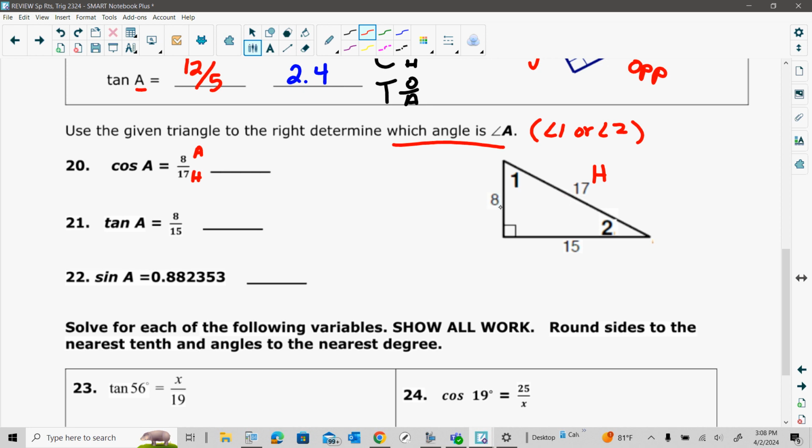So if I'm looking at adjacent, the angle that's adjacent to 8 here, that would have to be angle 1. And then here, if I'm doing tangent of A, and tangent is opposite over adjacent, well, who's opposite 8? That's angle 2. So a little hint here for these type of problems is you're going to need to work backwards.